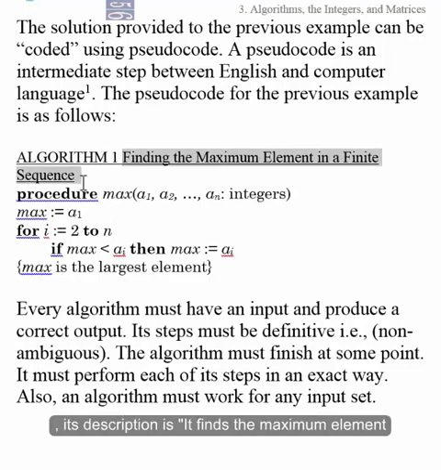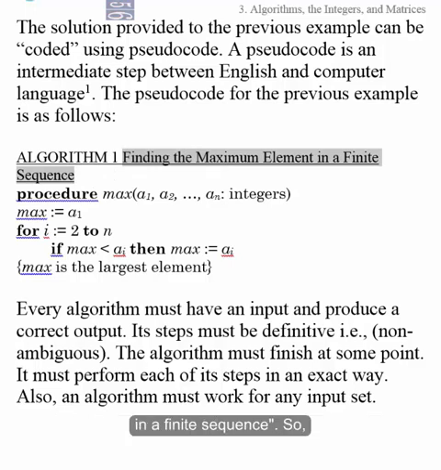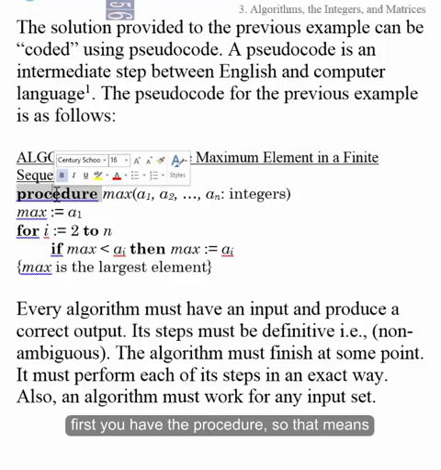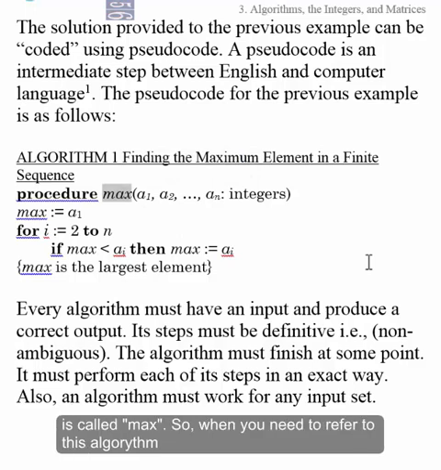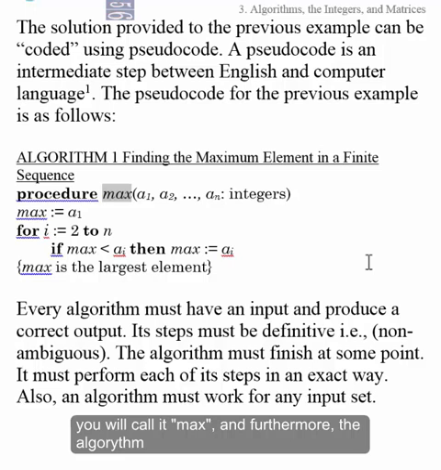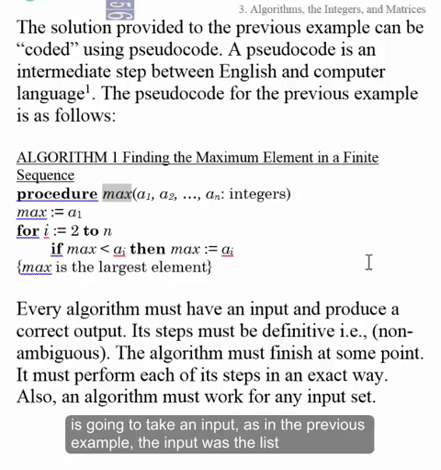The description is that it finds the maximum element in a finite sequence. First you have the procedure. That means that this is the name of the function, of the algorithm. The algorithm is called max. So when you need to refer to this algorithm, you will call it max. Furthermore, the algorithm is going to take an input.